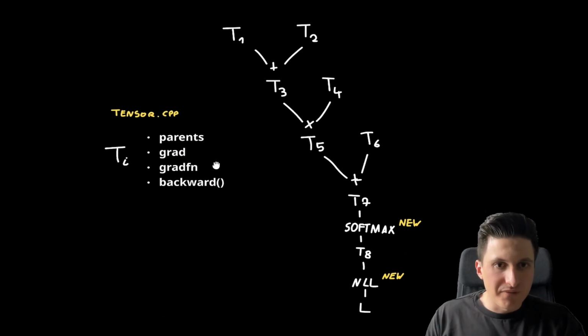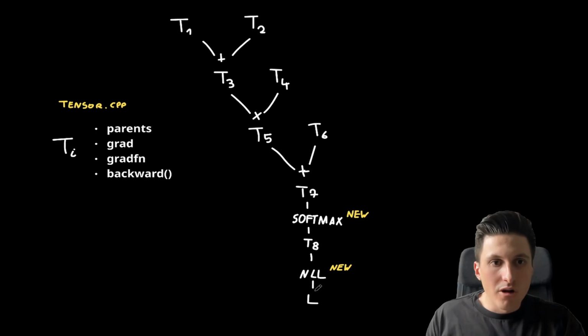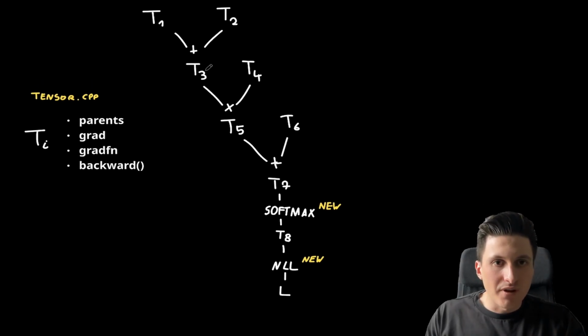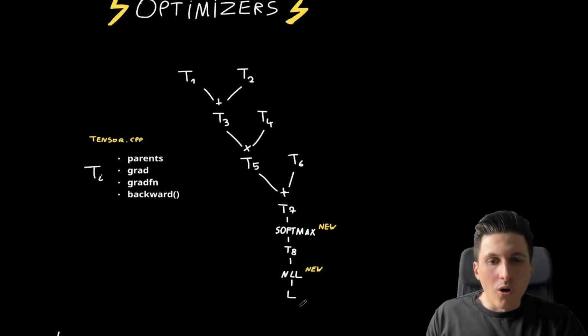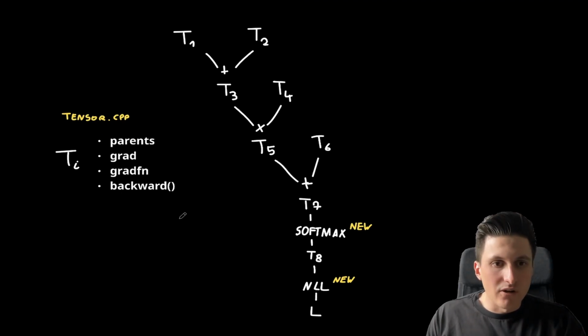I've already shown you this before, but after moving all the way from our inputs to eventually outputting a loss, we basically know how bad our network is doing at predicting. And after we have this value, we can call the backward method on the loss, which will calculate the gradients of each of these tensors with respect to the loss.